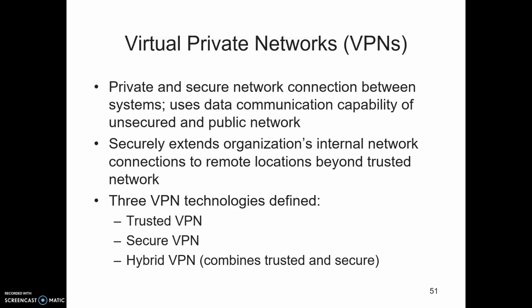Secure VPNs use security protocols and encrypt traffic transmitted across unsecured public networks like the internet. And the hybrid VPN combines the two, providing encrypted transmissions as in secure VPN over some or all of a trusted VPN network.